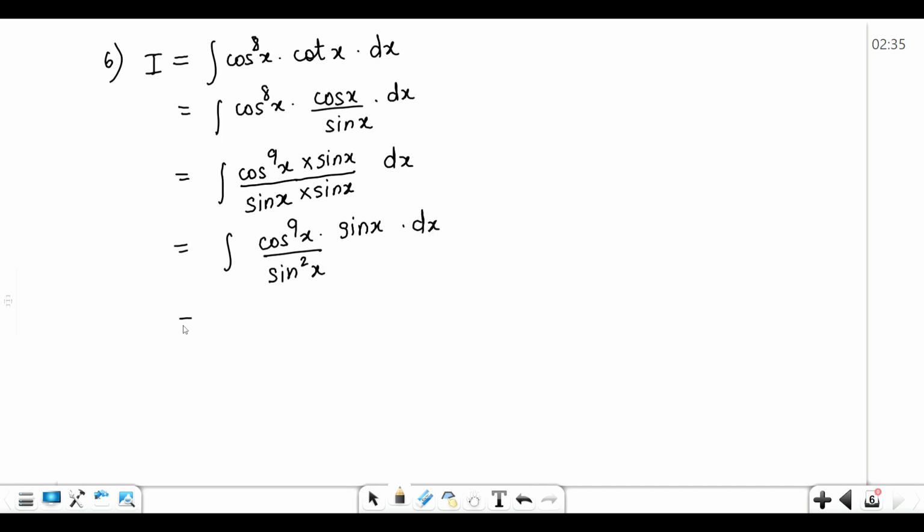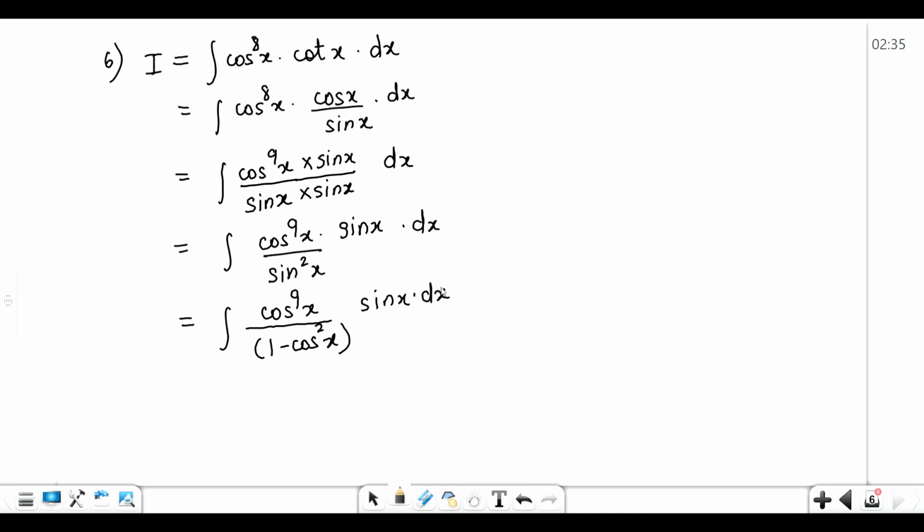In the denominator, sin square can be written as 1 minus cos square, and in the numerator we have cos raised to 9 x sin x dx. Now I have converted this into two terms, sin as well as cos. The derivative of cos is sin x.